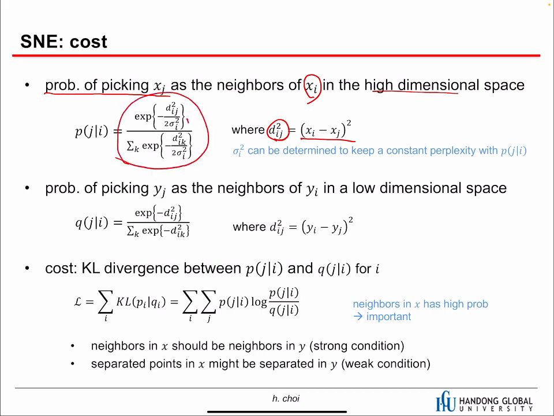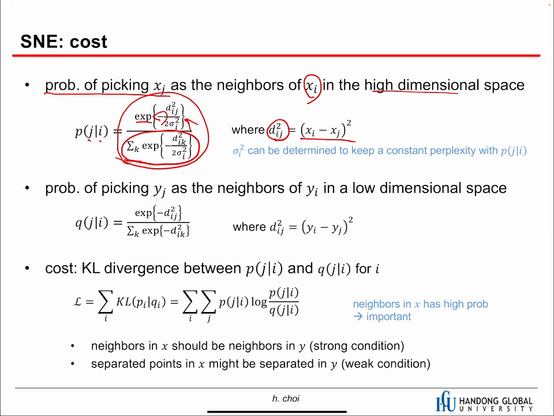And let's focus on this numerator. In this case, if the distance is large, so it's far from each other, then we put the minus, so we take an exponential function. So if the distance is large, then the probability will be small. And this denominator simply normalizes this term to be a probability distribution. So now we have a probability for j given i.